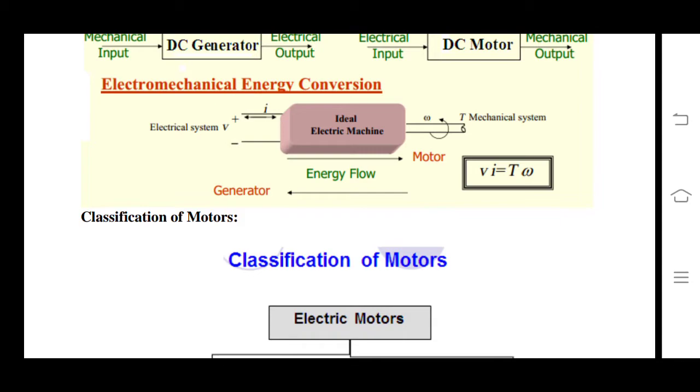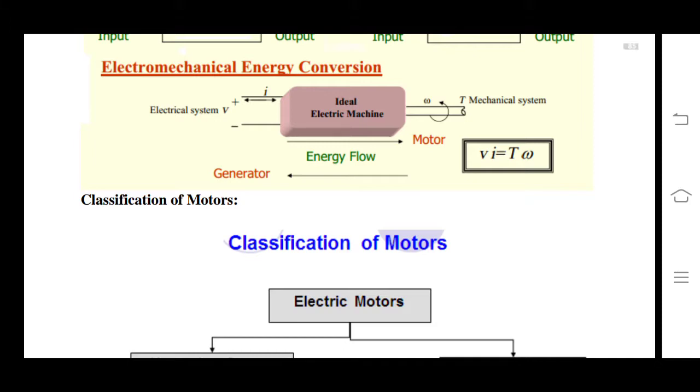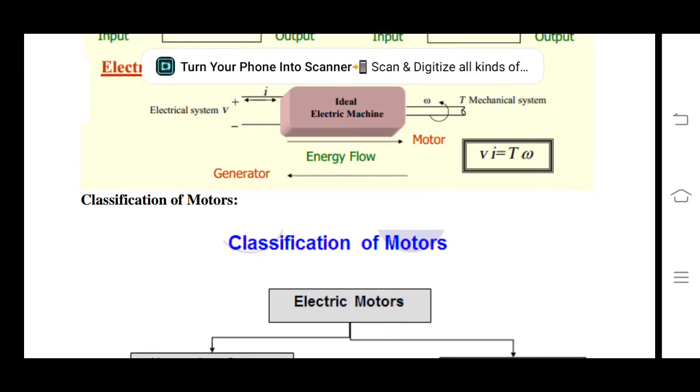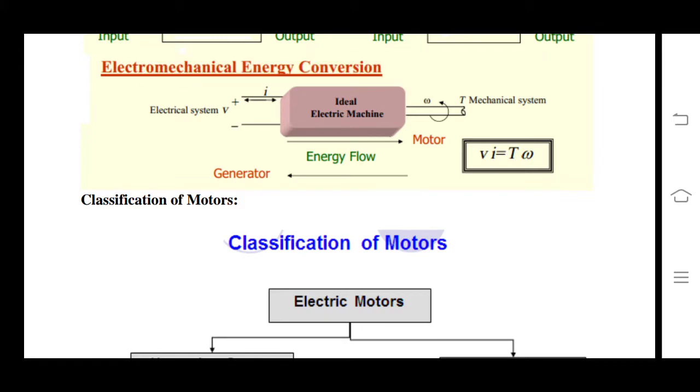For the electrical system, voltage and current are the input, and for the mechanical system the output is torque and angular velocity. Because it is an ideal system, there are no losses; the losses are zero.